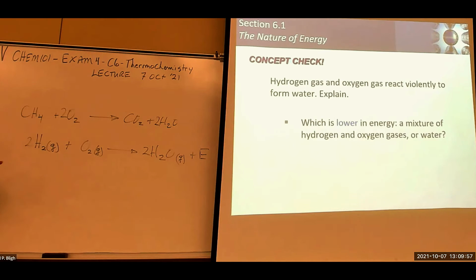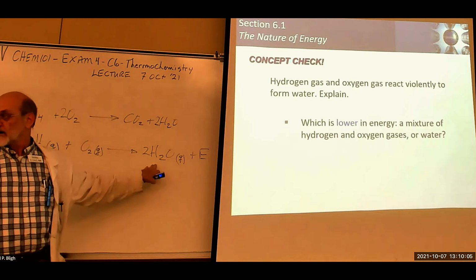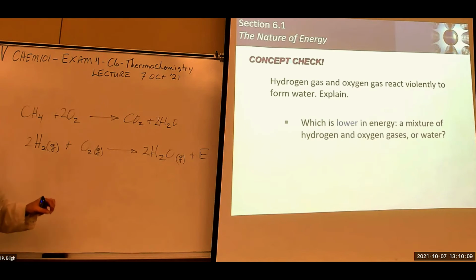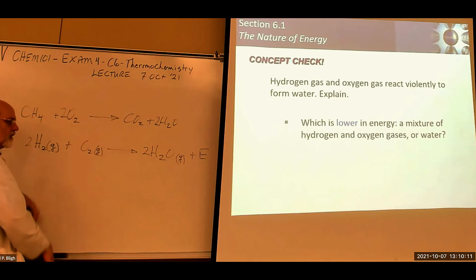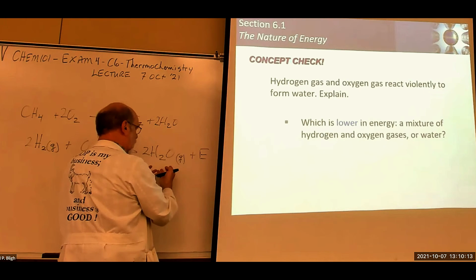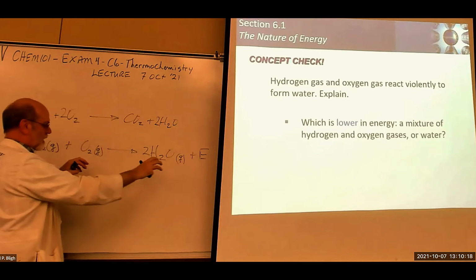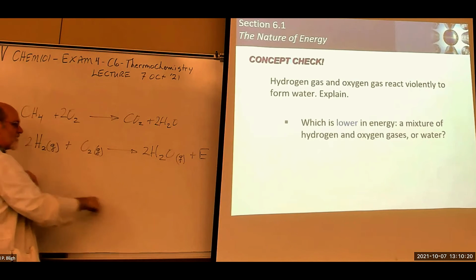Now, when you look at it that way, it's easier to answer this question. Which is lower in energy, a mixture of hydrogen and oxygen or the water? Well, if energy is conserved, there's a certain amount of energy over here. There's a certain amount of energy over here. Only here, the energy is a separate term. So the total here has to be the total there.